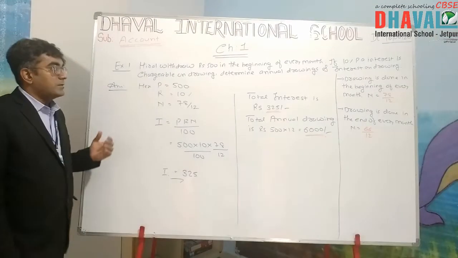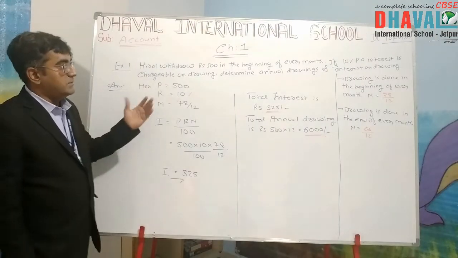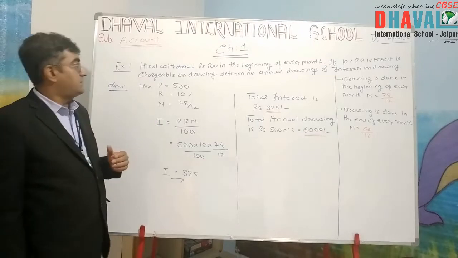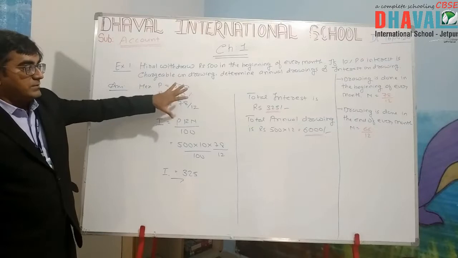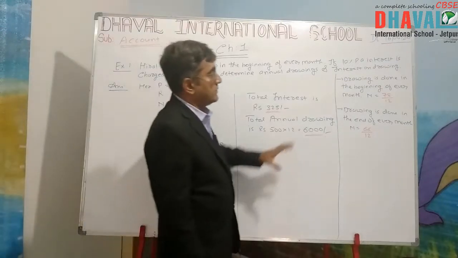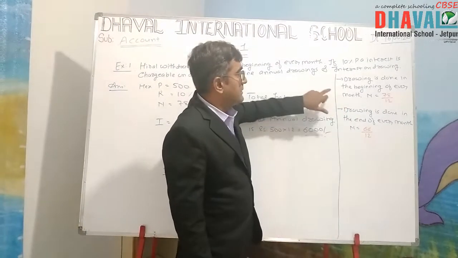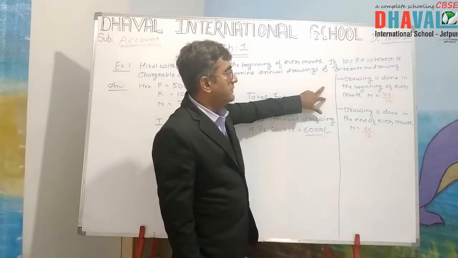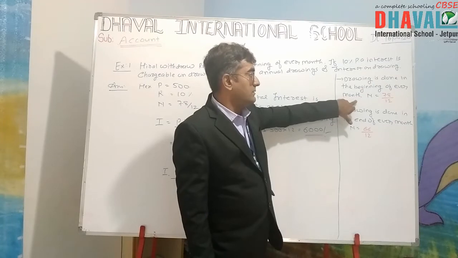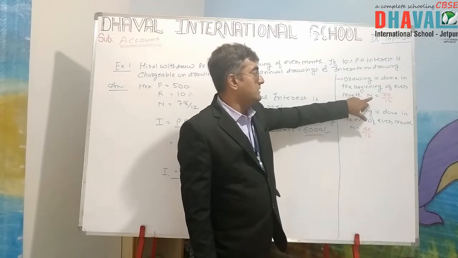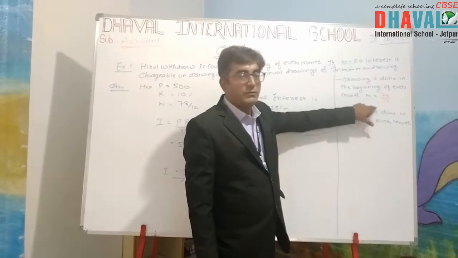So today we are going to start the numericals of chapter 1. First we start example 1. Before starting the example, we will keep one point in mind for interest on drawings. That is the main thing. First you see, there are two points.